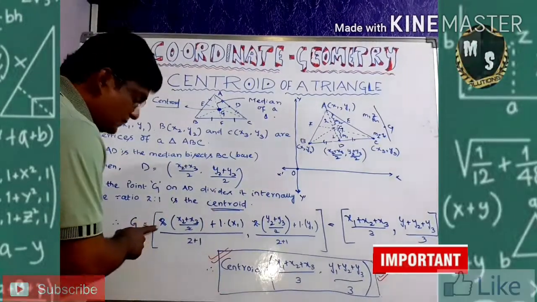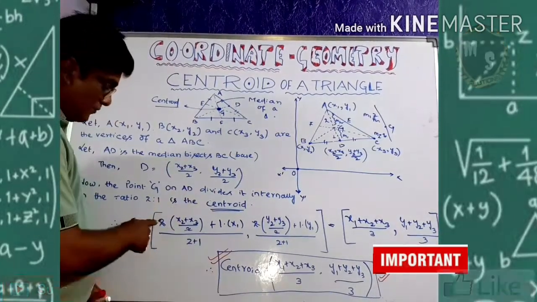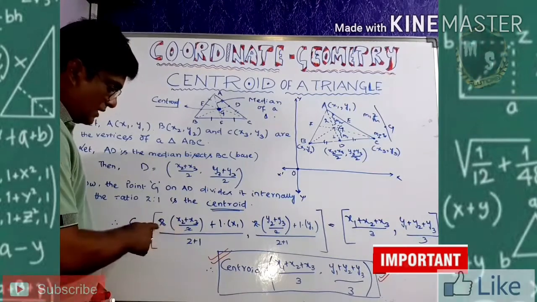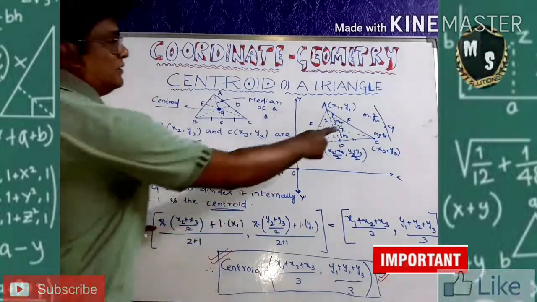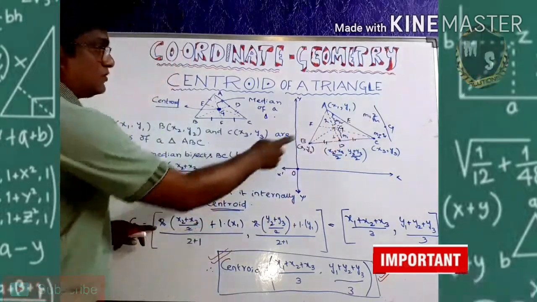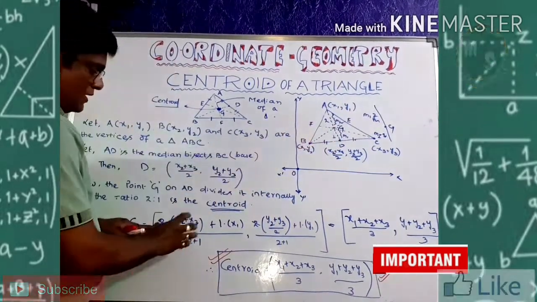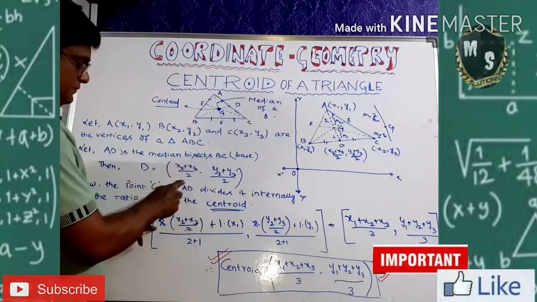Now what is the G point? See, the section formula: m1 x2 plus m2 x1 by m1 plus m2. What is m1? m1 is 2. m1 into x1... what is your x1?